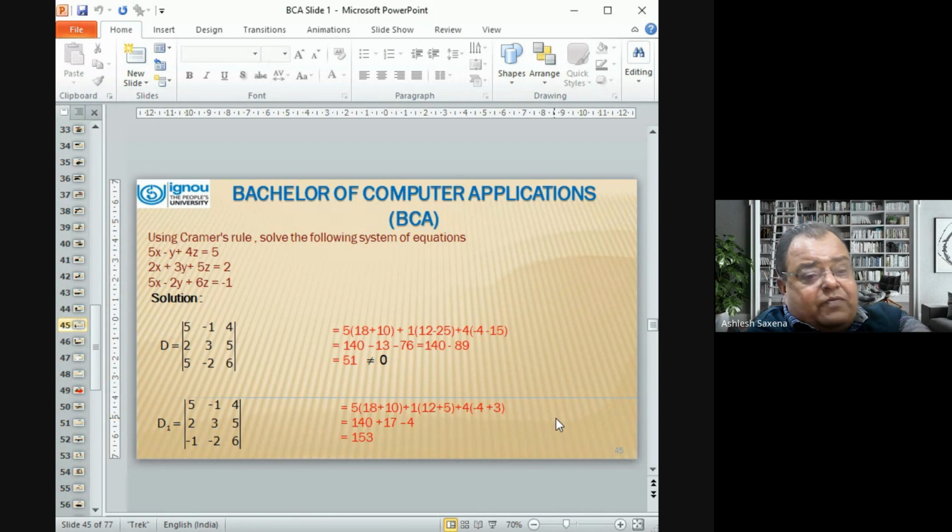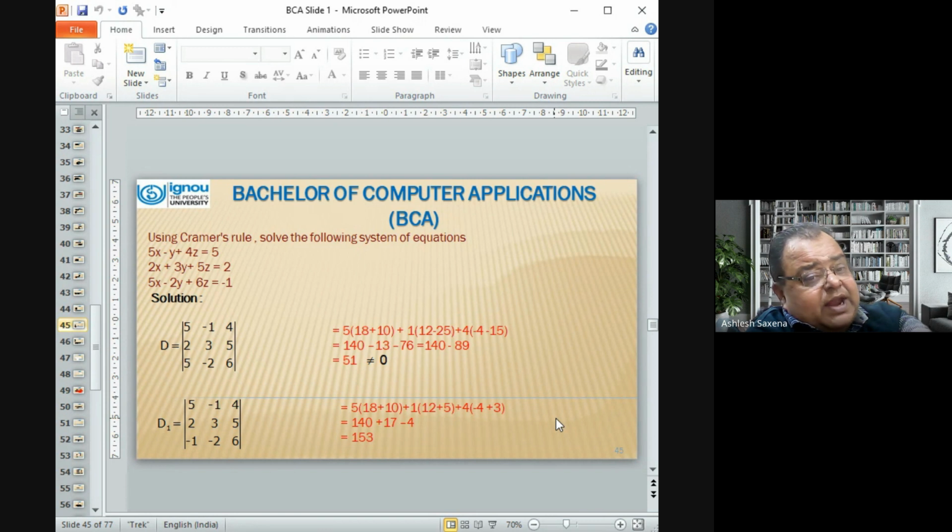Take out the coefficients in the same order in which the equations are given to you. After taking the coefficients of x, y, z in the order given, we get 5, minus 1, 4; 2, 3, 5; 5, minus 2, 6. We have to calculate the value of D. Open it: 5 into 18 plus 10.